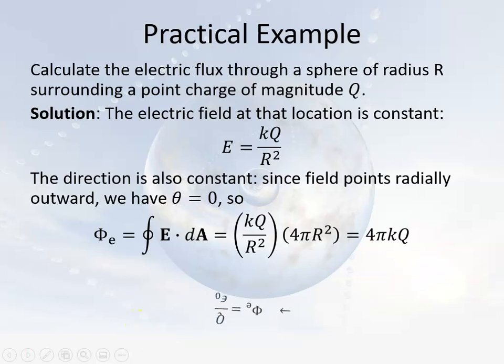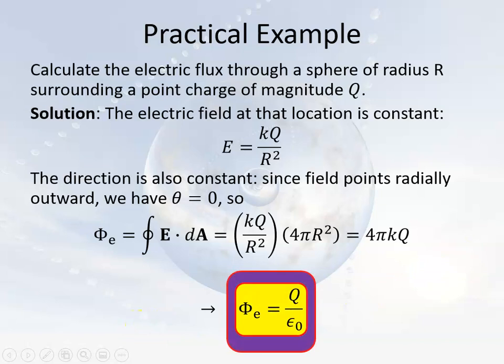So that's useful. We can use that little simplification and realize that the electric flux through the surface of the sphere that surrounds a point charge, independent of the radius of our sphere, is the charge itself divided by epsilon naught, where epsilon naught is the permittivity of free space, about 8.854 times 10 to the minus 12 coulombs squared per Newton meters squared.